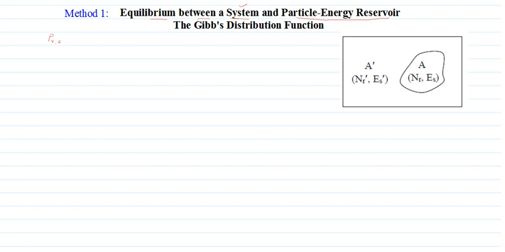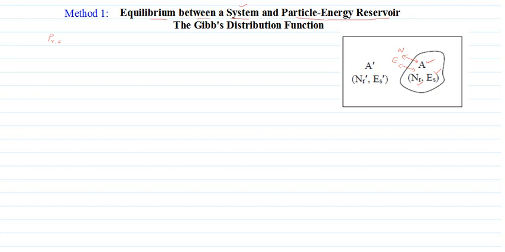In the adjoining figure, the system is denoted as A, and at any particular instant it has energy E_s and the number of particles is N_r. The boundary of the system is an open boundary, so it permits the exchange of both energy as well as particles. So both E and N are variable as far as the system is concerned in grand canonical ensemble.